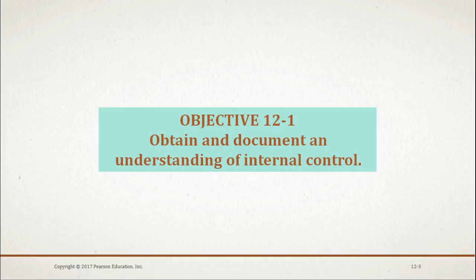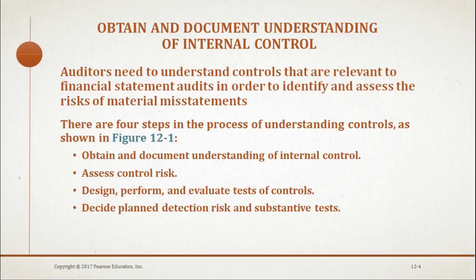Let us begin by discussing how to obtain and document an understanding of internal control. Auditors need to understand controls that are relevant to financial statement audits in order to identify and assess the risk of material misstatements.